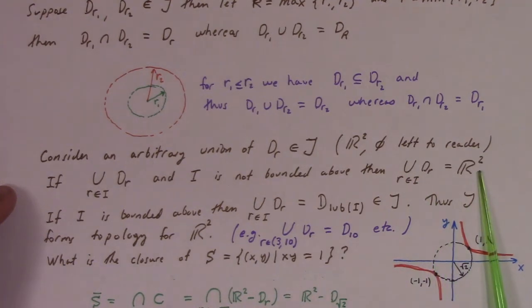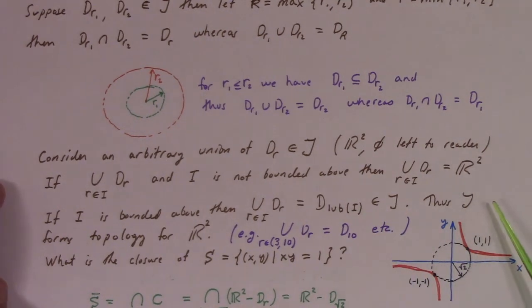But if I is bounded above, then the union will be equal to the disk whose radius is the least upper bound of I, and again, it's an element of the topology. So yeah, it's a topology. For example, if you were to take the union over radii from 3 to 10 of d sub r, you'd get d sub 10.